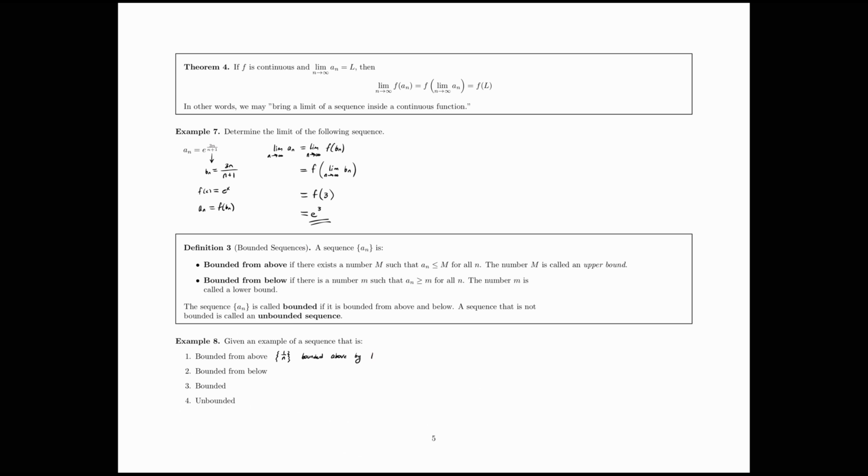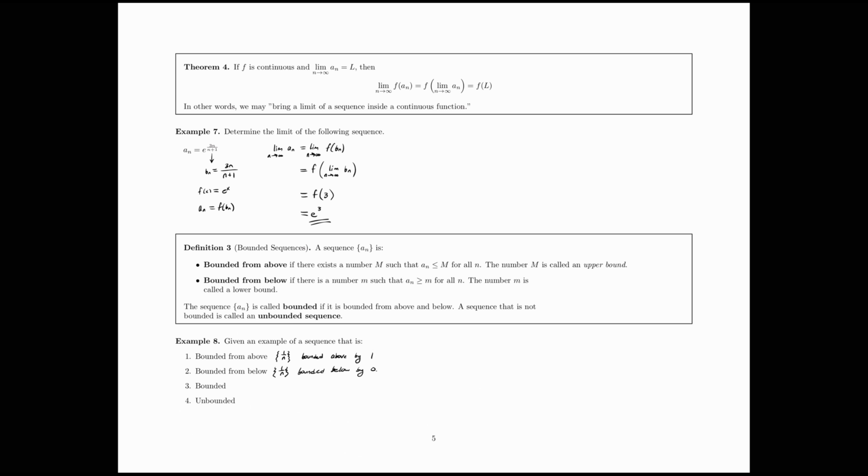Now bounded from below. Well, I guess it doesn't even have to increase, really. It could decrease. For instance, 1 over n is also bounded below by the number 0.